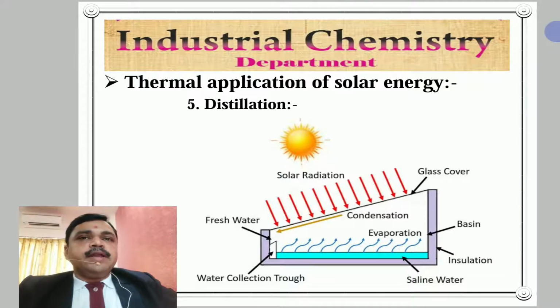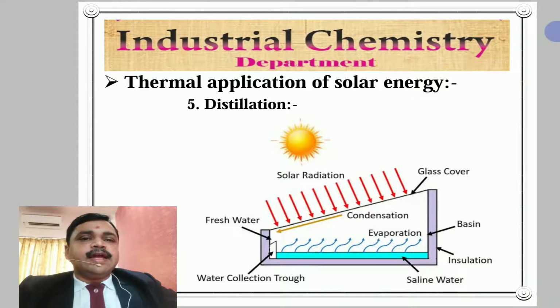A sloping transparent cover, described in the figure, is provided at the top. Solar radiation is transmitted through the cover and is absorbed in the black lining.